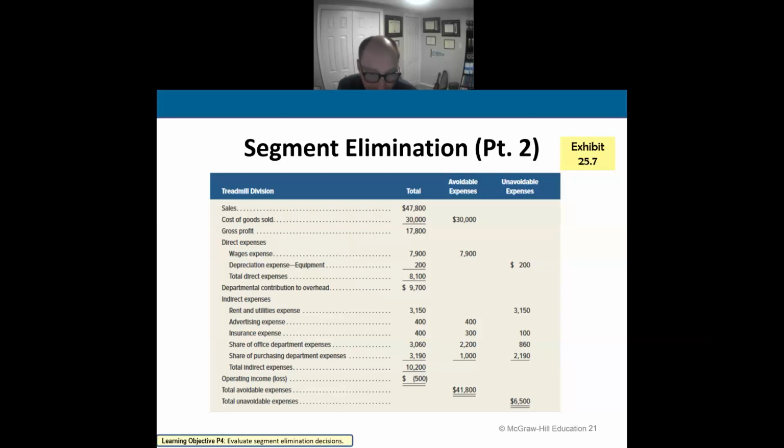So I can avoid a total of $41,800 in expenses if I stop making treadmills. But I'm still going to have to pay $6,500 in the expenses I can't avoid. Meaning I still have to pay rent, and I still have to pay all this other stuff, even if I stop making the treadmills. I'm still going to have to shovel out $6,500.